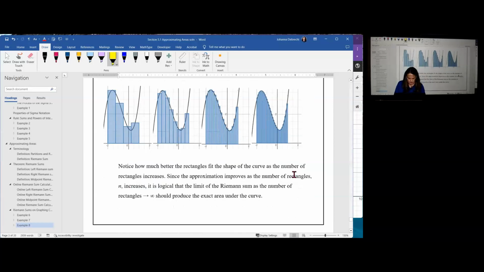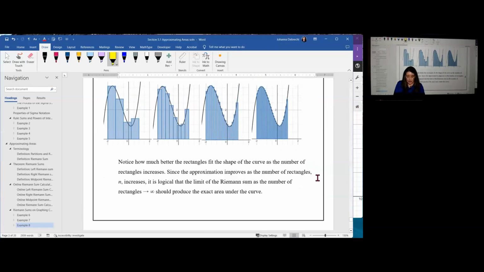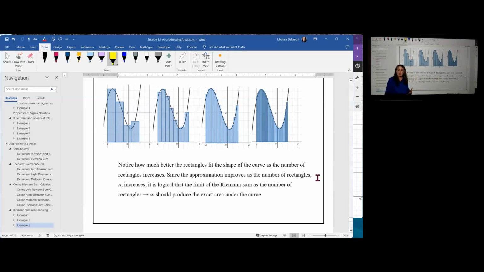We're going to repeat this process by taking the limit as the number of boxes goes to infinity. It makes sense that if we could have infinitely many boxes over that closed interval, we could find the true value of the area under the curve. In other words, if we took the limit of the Riemann sum, we should get the actual true value of the area.